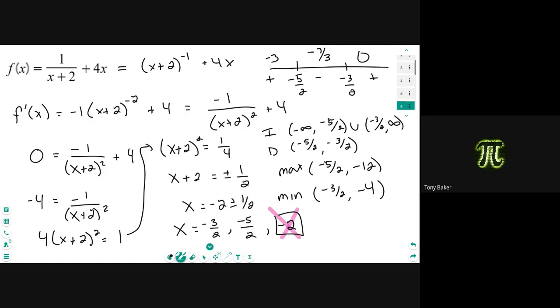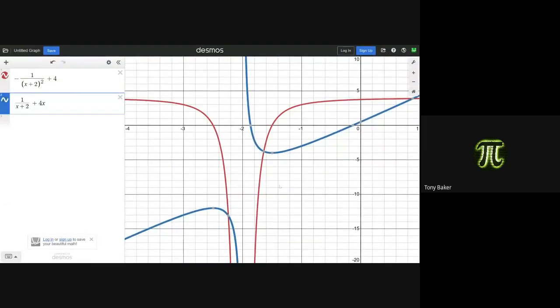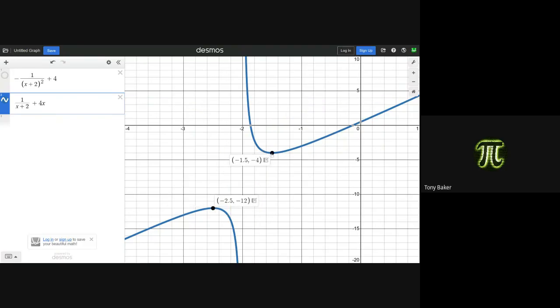The minimum is higher than the maximum. They are local. But there's only two of them. So actually, if you look at this graph, that's what this graph looks like. Get rid of the red. The red's the derivative. So the minimum's actually higher than the maximum, which is odd.